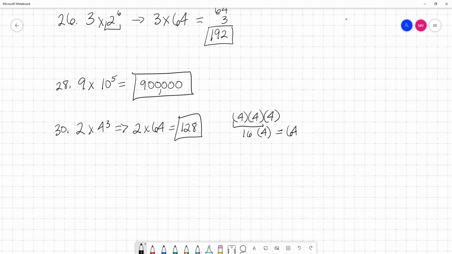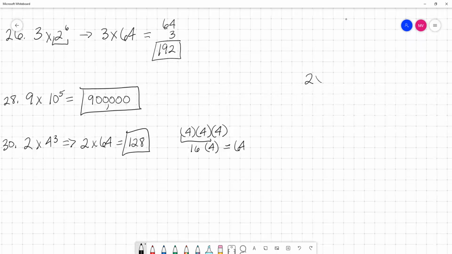So if we did that instead, I'm just going to do that over here, 2 times 4 cubed, then that means we would change that to 8 cubed. And I'm showing you why this is not right, but it's a good idea to work through. So this becomes 8 times 8 times 8. So what's 8 times 8?